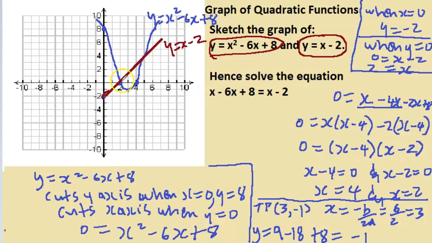And what other x value? When x is 5. So notice the line cuts the curve at the point where x is 2, and also at the point where x is 5. And these values would represent the solutions to the equation x squared minus 6x plus 8 equals x minus 2.